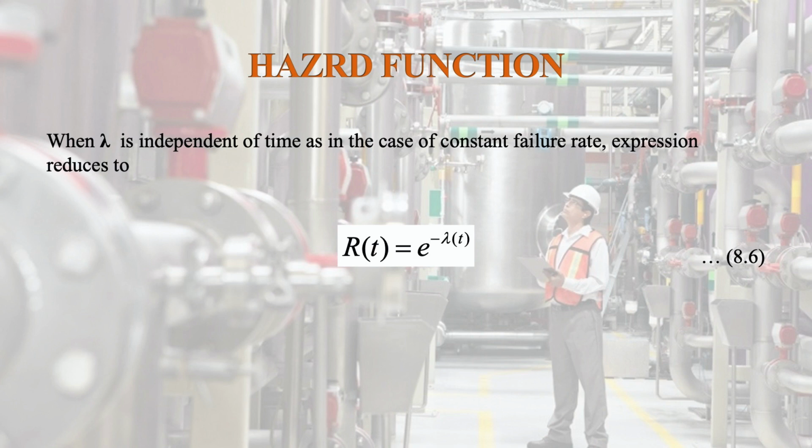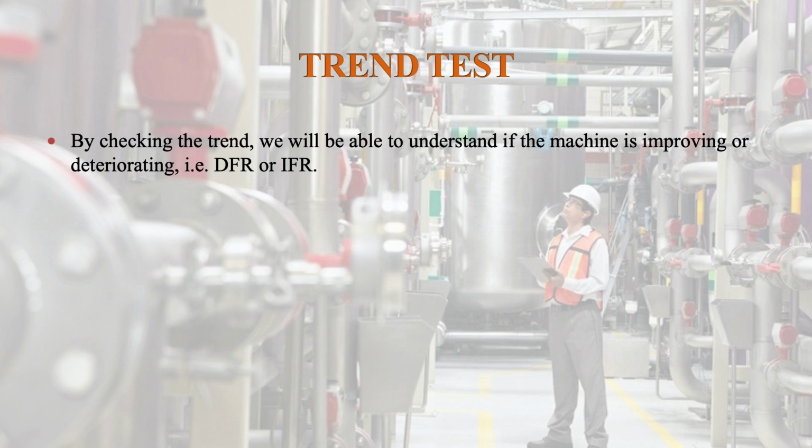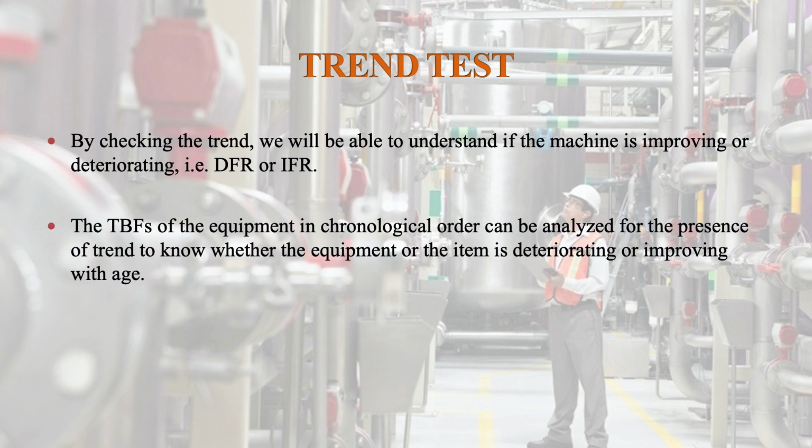Then the trend test. By checking the trend, we will be able to understand if the machine is improving or deteriorating, that is, DFR or IFR. The TBF, the time between failures of the equipment in chronological order, can be analyzed for the presence of a trend to know whether the equipment or item is deteriorating or improving with age.